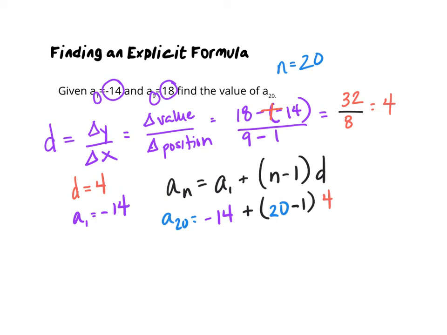And again, now we just work this. So A20 is equal to negative 14. 20 minus 1 is 19. So it'll be plus 19 times 4.